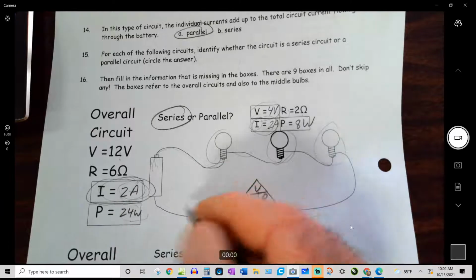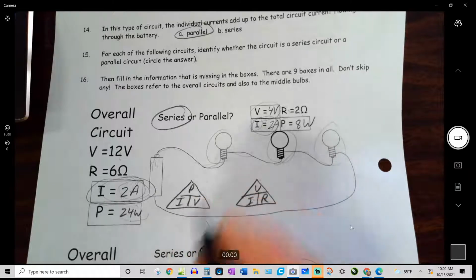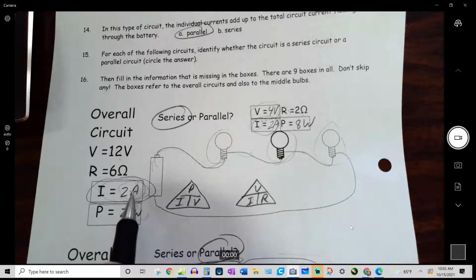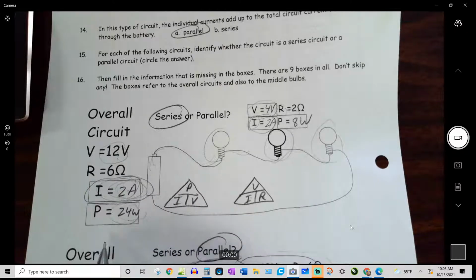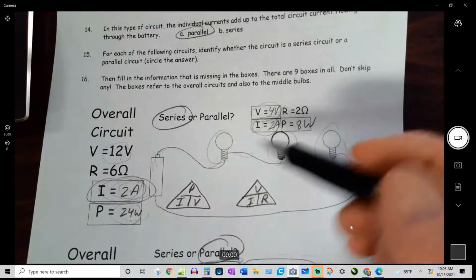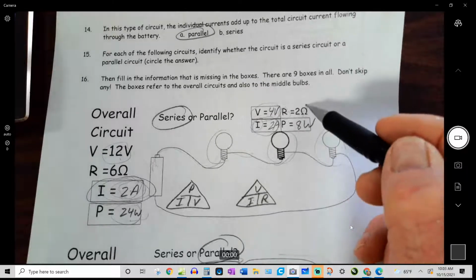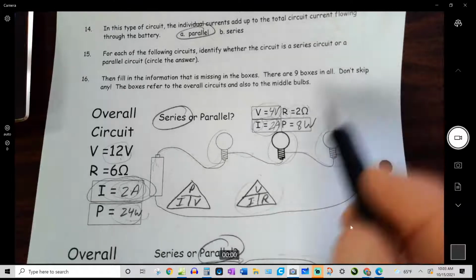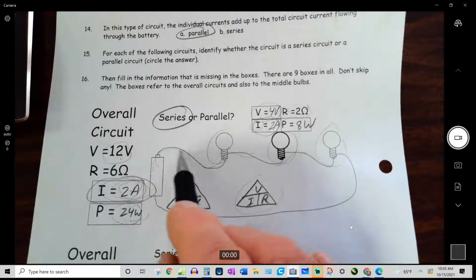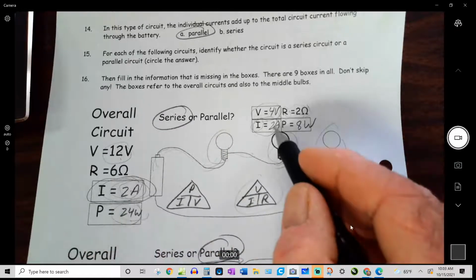And then I'm going to make the triangle like this. P, IV, P equals IV. So once I've got I and I've got V, I can just multiply them together to get this P. Then I have to know a little bit to get working out here. I've only got R, so this triangle isn't helpful if all I've got is R. But if I know that this is series and the current through here is the same as the overall current, then I can put 2A there.